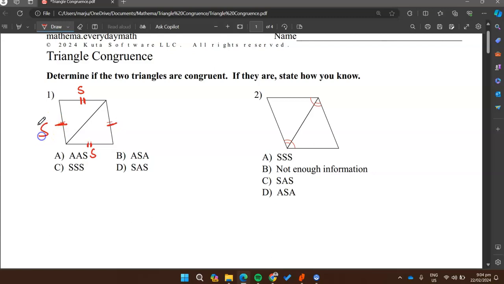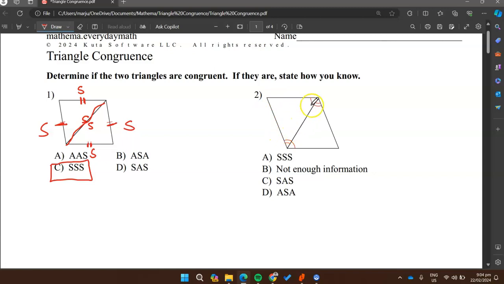Again, we have another side, and the third side is this, right? This side is congruent to itself. So meaning to say we have SSS. Is this triangle congruent? The answer is yes. How? We have the SSS postulate. Let's have number 2.